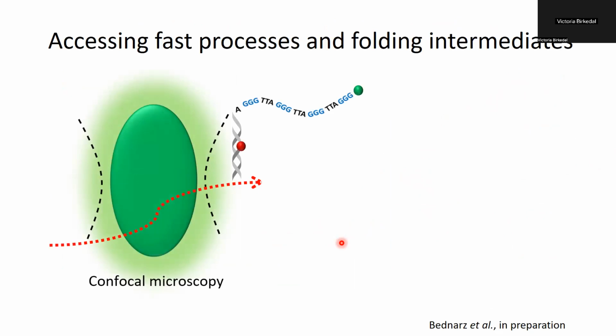The rates that I've shown are relatively slow rates, and these we can catch by immobilizing the molecules and looking at them. Some of the folding rates can be quite fast, and we have started looking at folding when we can look at fast times, and then we have molecules diffusing through a confocal spot, and this is work by Alexandra.